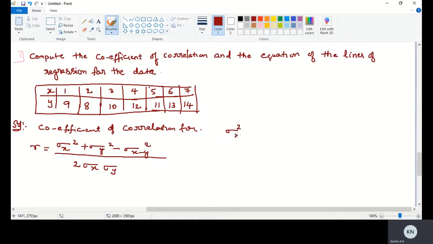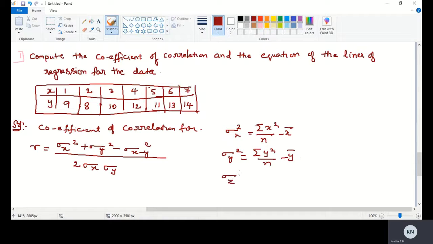Here sigma x square is equal to summation of x square divided by n minus x bar square. Sigma y square is equal to summation of y square by n minus y bar square.